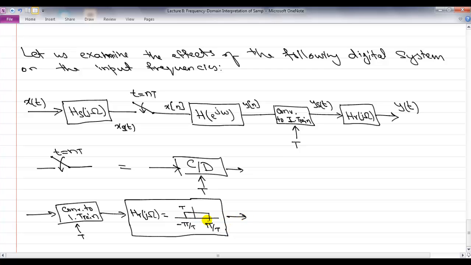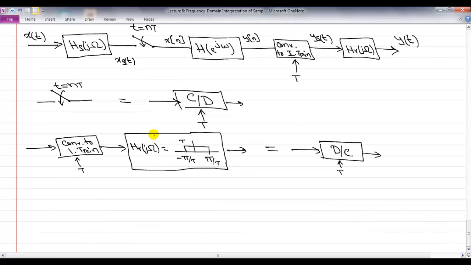When this condition is satisfied, when hr j omega is an ideal low-pass filter with a height of t, in that case your book uses the notation discrete to continuous and capital T here. Okay. Just want to be sure that we can do the translation between these blocks in your book and the blocks that I am using.